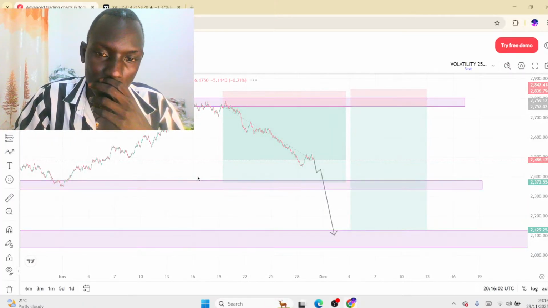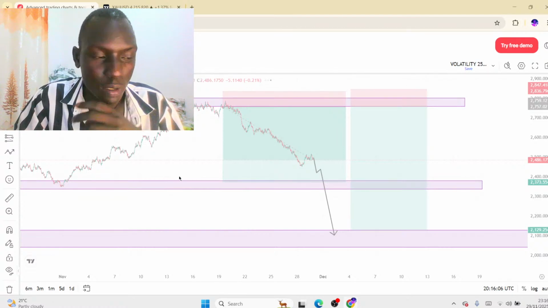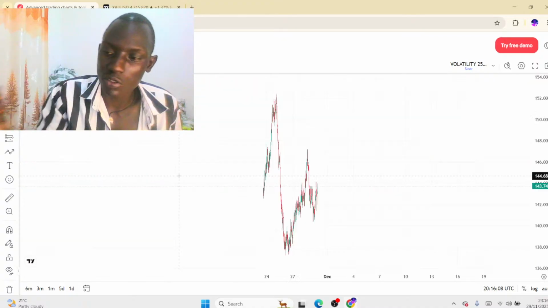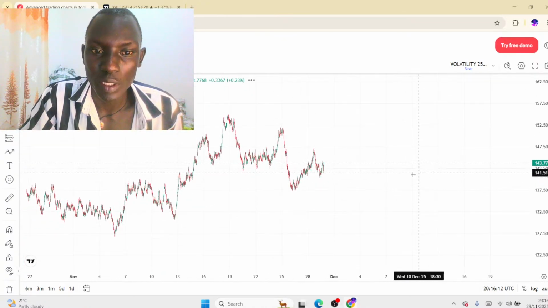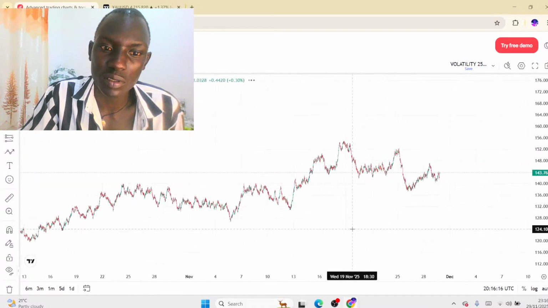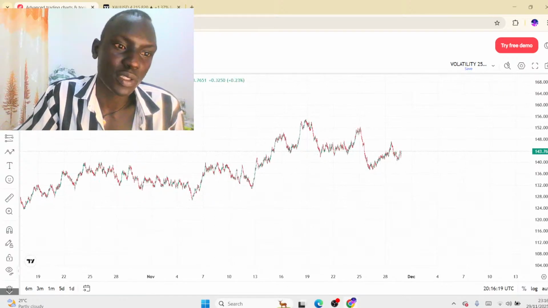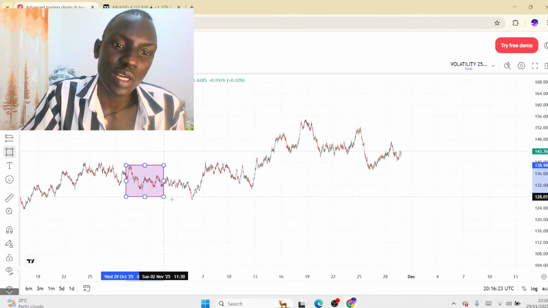Let's check here if we have some good setup. So it's not every pair that you will trade. There are some other pairs that you will avoid. Now in such kind of trades, guys, I don't trade such. Have you seen what is happening here?